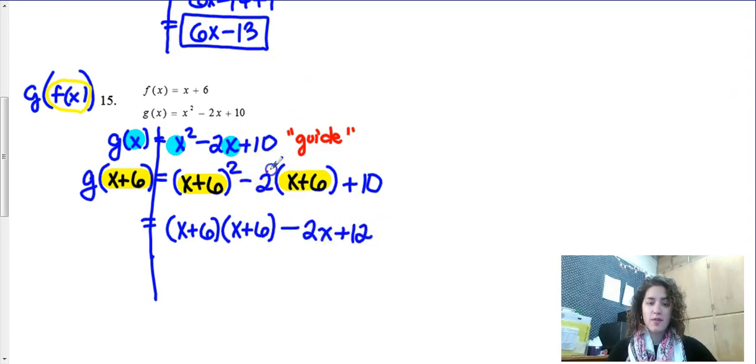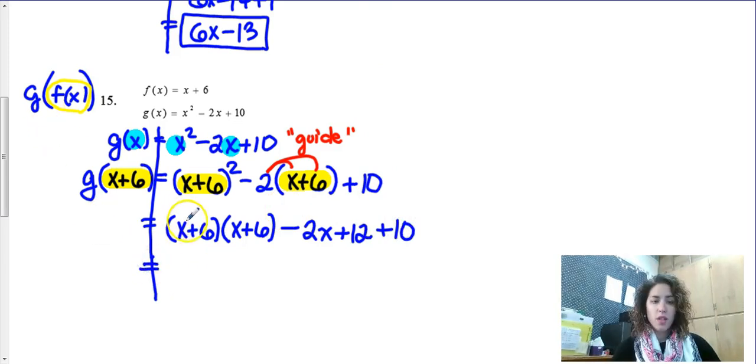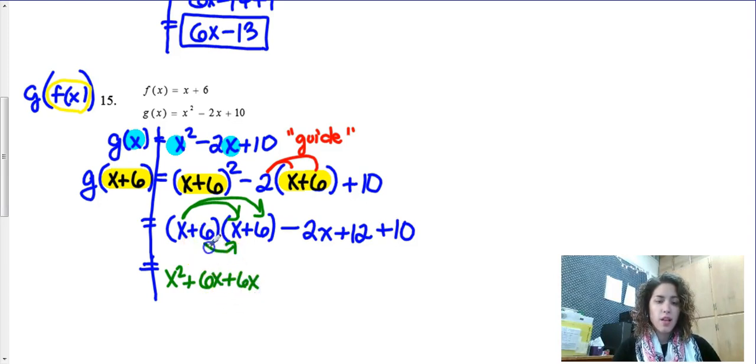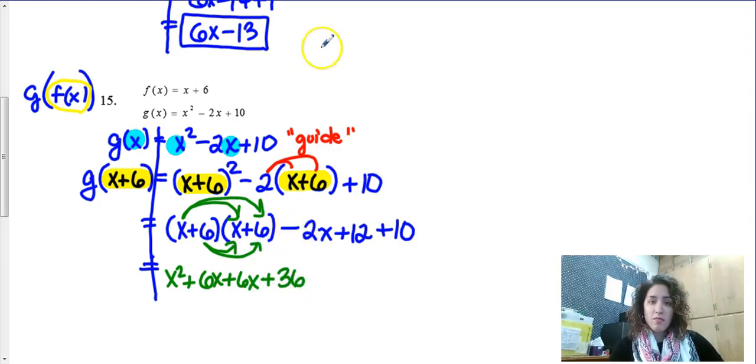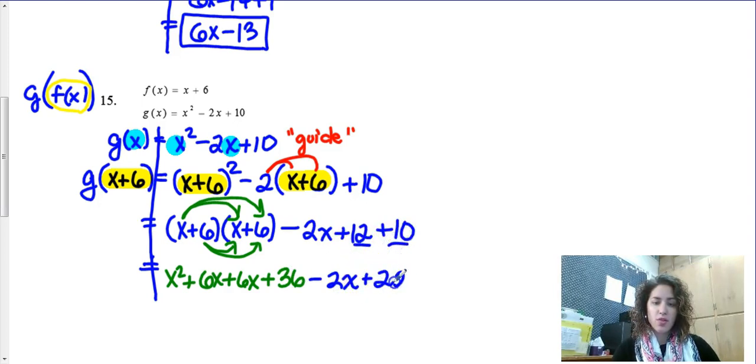I just distributed this negative 2, and I brought down the plus 10 equals, and now we're going to use our arrows, so x times x is x squared, x times a positive 6 is positive 6x, and then positive 6 times x is plus 6x, and then last but not least, 6 times 6 is a positive 36. Now we're just bringing everything else down, so minus 2x is still here. If you want, you can combine these like terms right away right here, which would be plus 22.